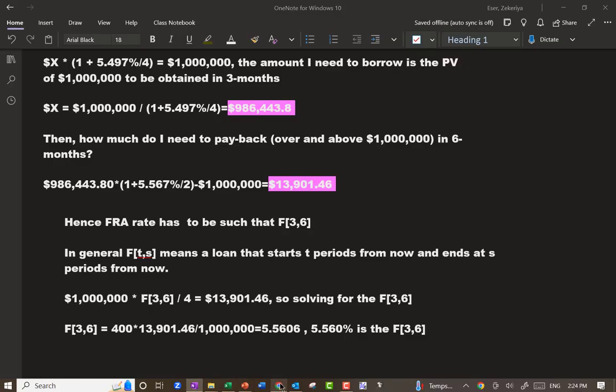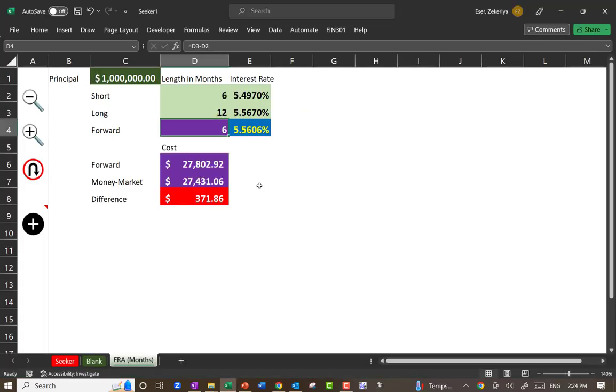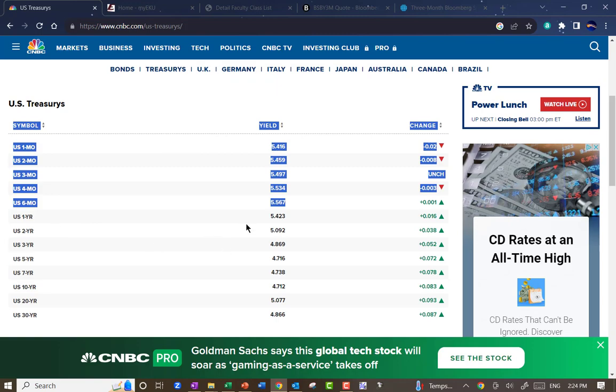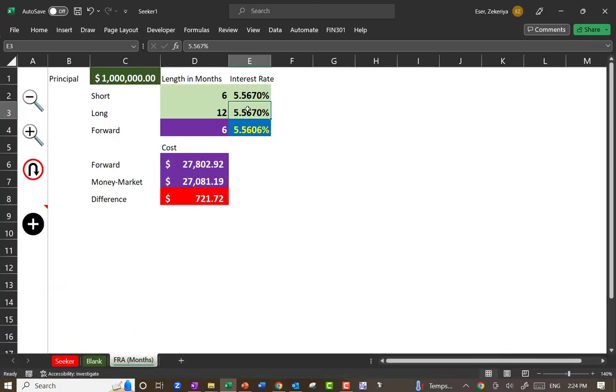Well, we already know the current 6-month rate, so let's enter that. 5.567. The current 12-month rate is 5.423. As you can see, in this case, the 12-month rate is lower than the current 6-month rate.